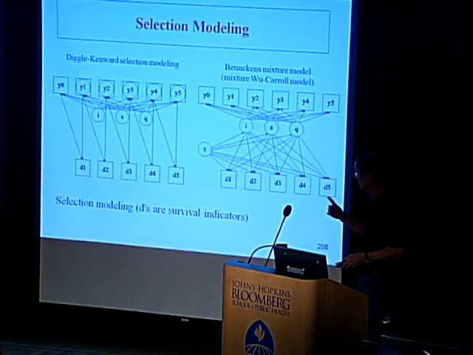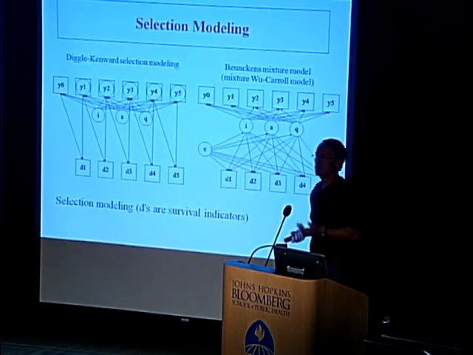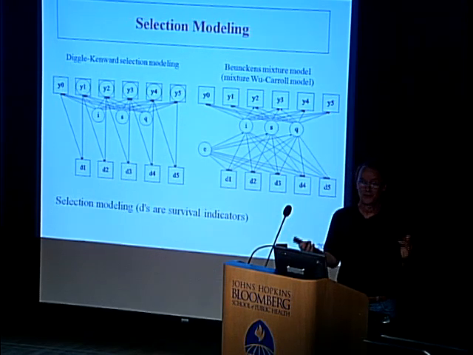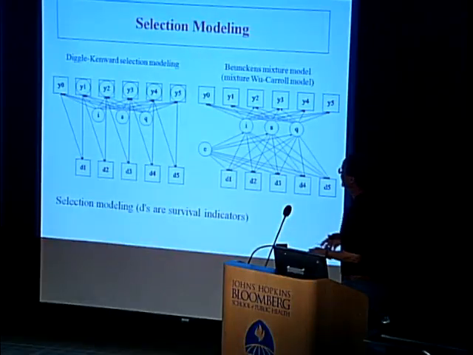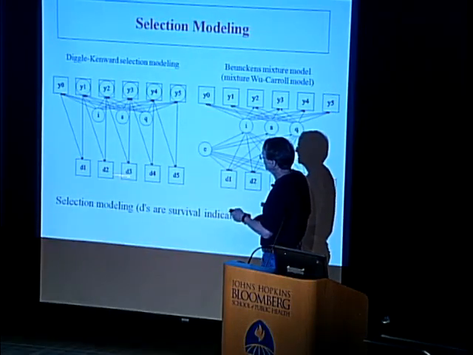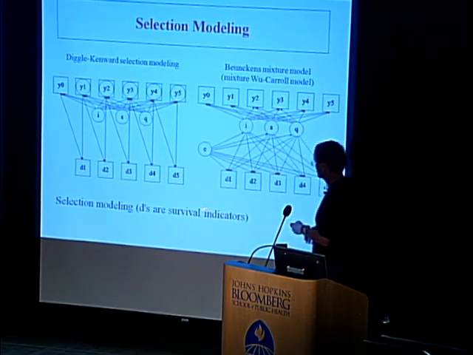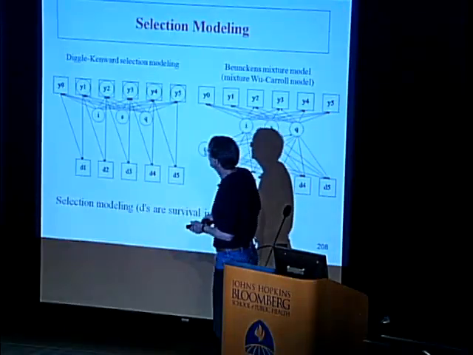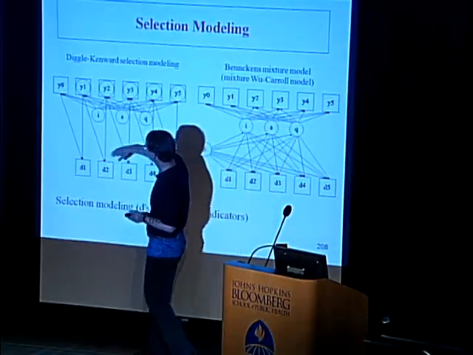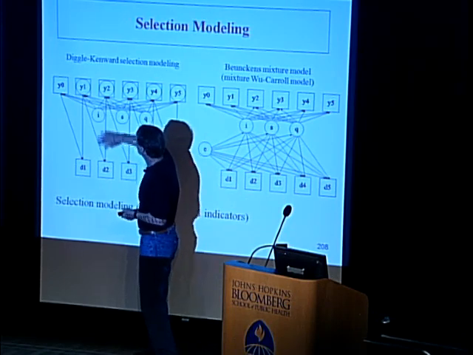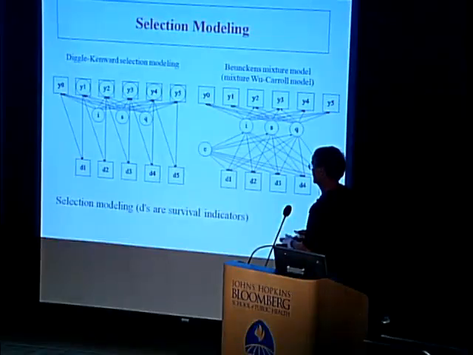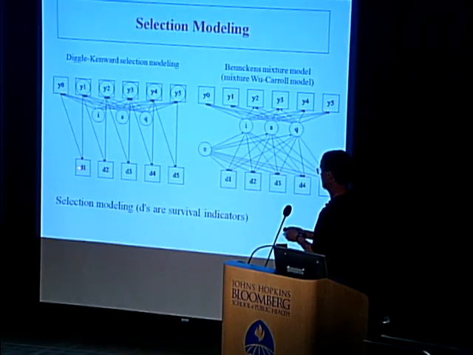One feature here that's interesting, given our extensive treatment of survival analysis, I'm being ironic here, is that these are scored as survival indicators, meaning that we're going to do this regression here in the fashion that these D's are scored as event history indicators.